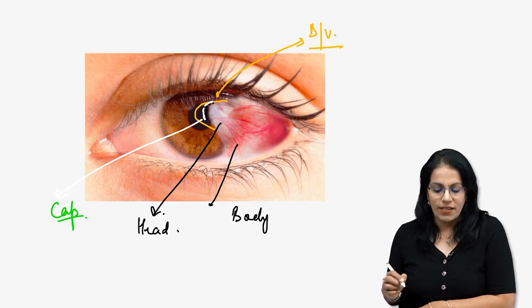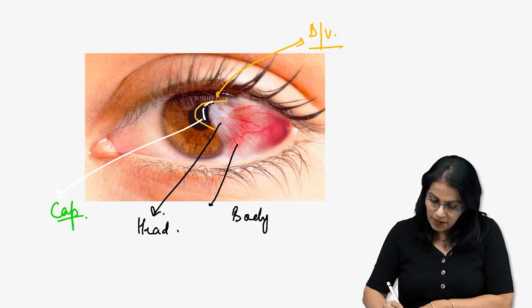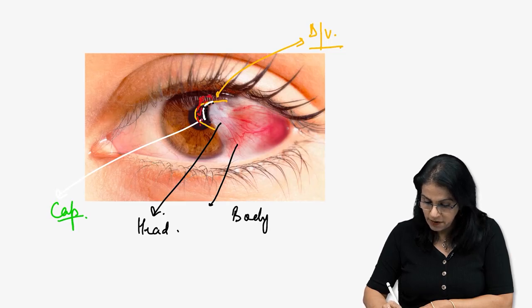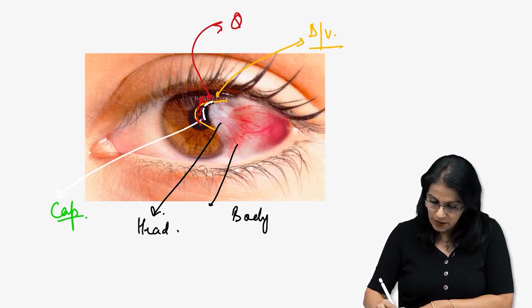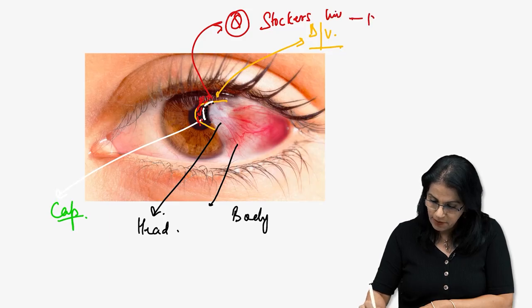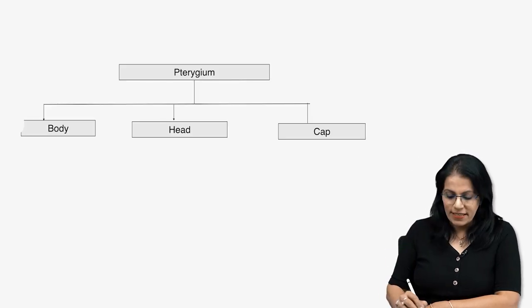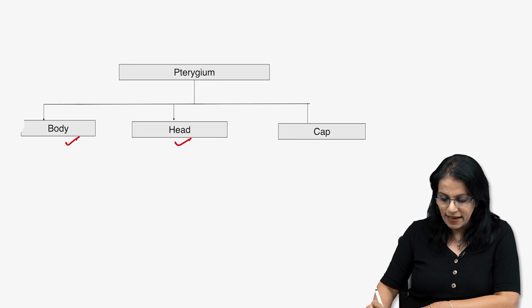Lastly, exam question: there can be deposition of iron along the head of the pterygium, and this iron deposition is called Stocker's line. We have learned this. So now we know that pterygium has a body, a head and a cap.